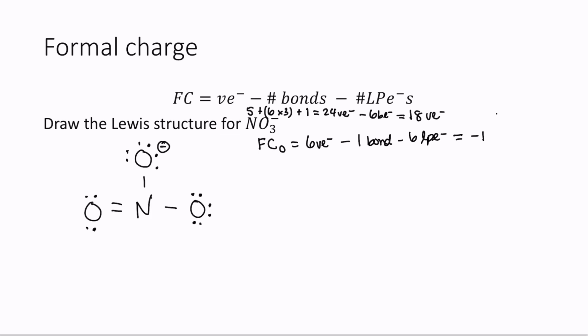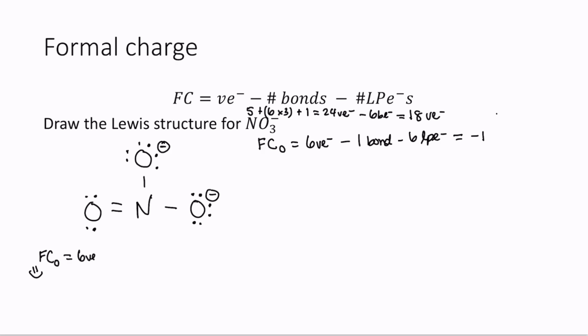2 of these oxygens look the exact same. So if this oxygen with 1 bond and 6 lone pair electrons is going to have a -1 formal charge, then that means the other one is going to as well. So I can draw that formal charge in right there. Now I can check the formal charge for my other oxygen. I assume that it's going to be happy because it has 2 bonds, but let's check it out.